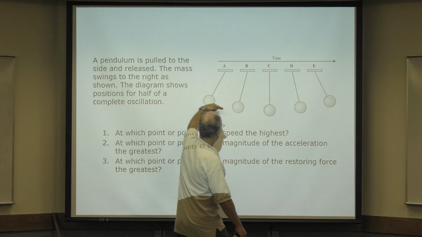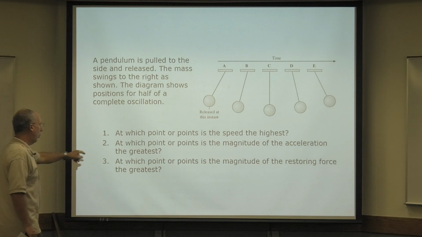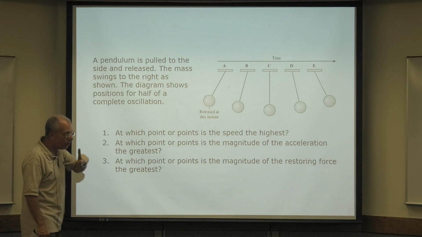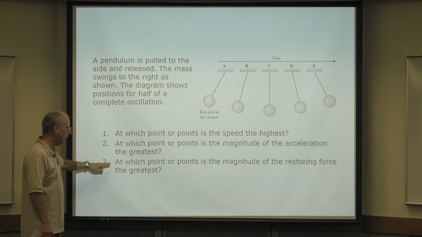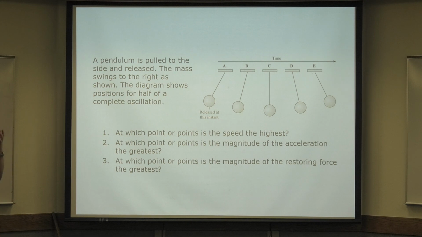At which point or points is the speed the highest? Where's the magnitude of the acceleration the greatest? And where's the magnitude of the restoring force the greatest? If you've been paying attention, you should be able to figure that out. So pause your video and figure it out, please.